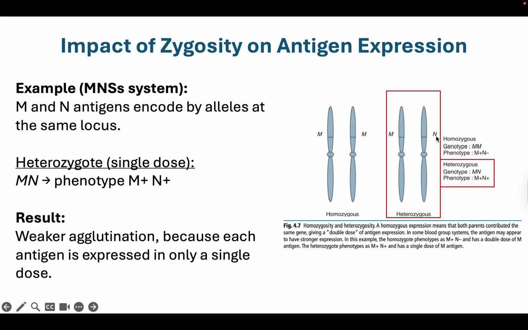M and N, because they are located on the same gene locus and they are different alleles, we call them antithetical antigens on the red blood cell. Antithetical means they are opposite, but the very important thing is that they are located at the same location on the chromosome.